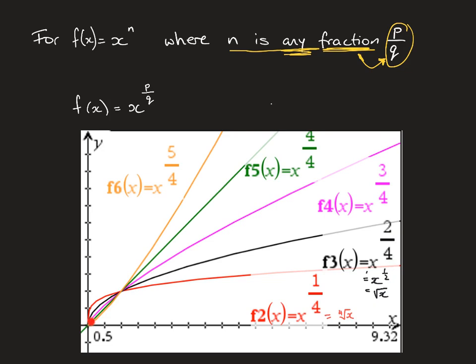So this pink graph here, you can see as we've gone from a quarter to 2 quarters to 3 quarters, the graph is in fact pulling in this way and heading up that way as n increases, as p increases.